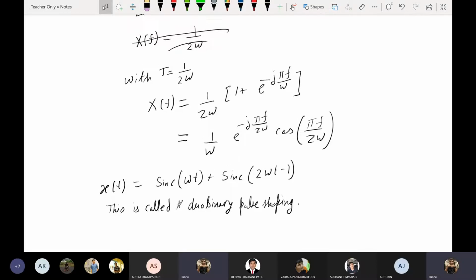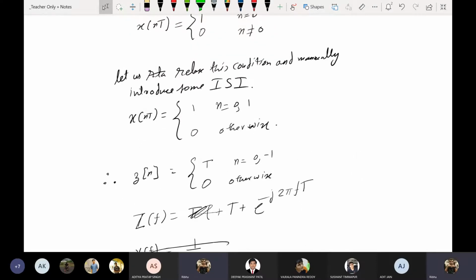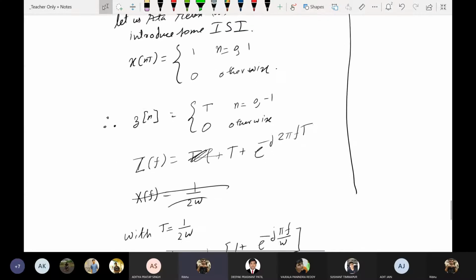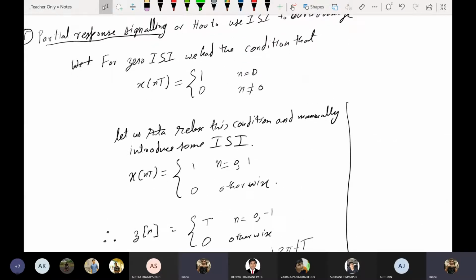Another form of controlled ISI is the modified duobinary pulse shape.